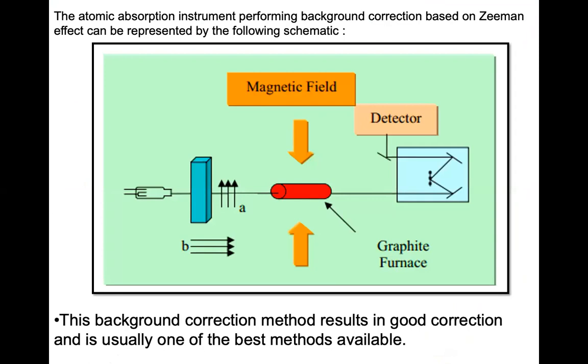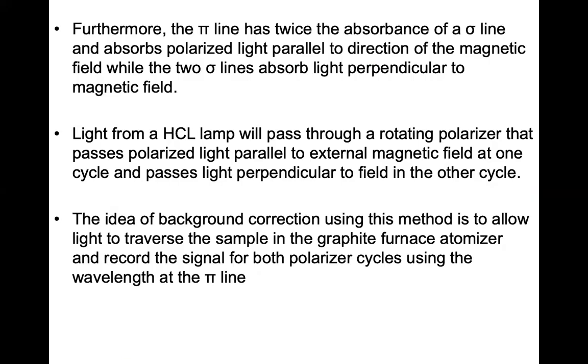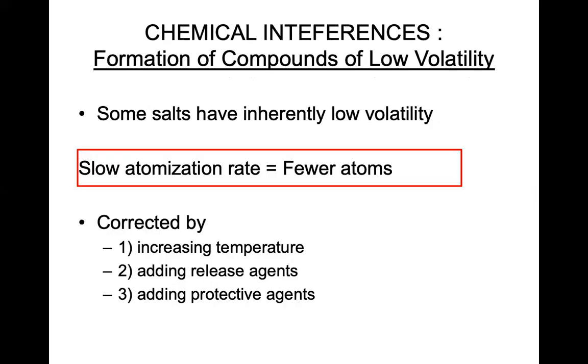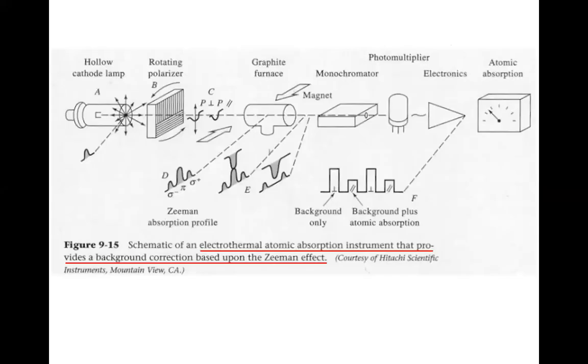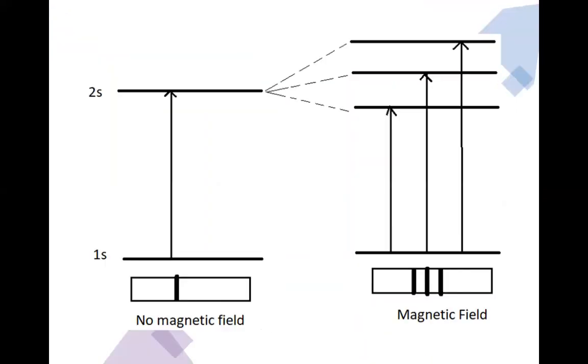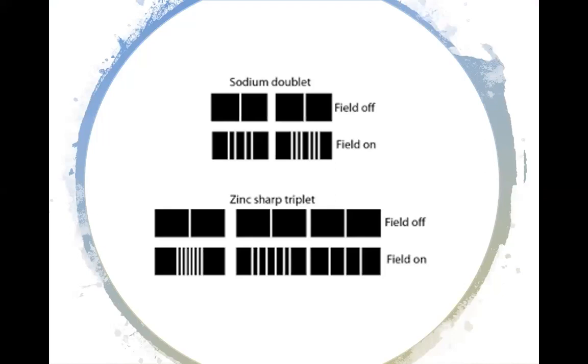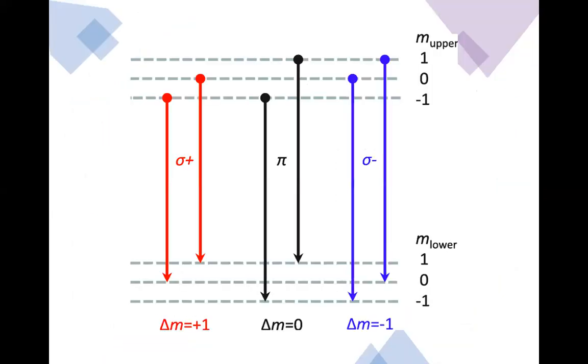Also, the Zeeman effect is used for what we call the background correction method, using a magnetic field. I think the best way is to show a video, but I don't have the YouTube link for the Zeeman effect.